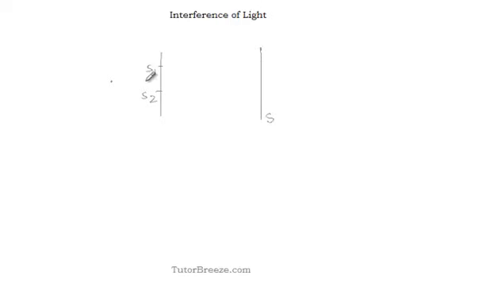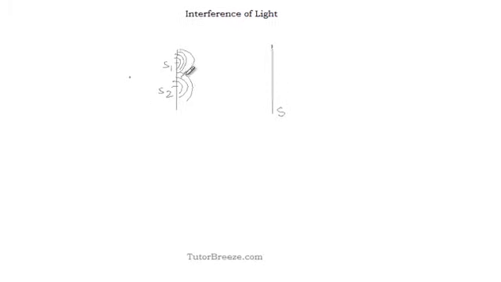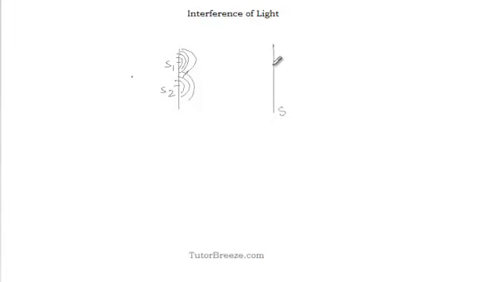Now as waves travel from S1 and S2, they interfere, because we know that you get a diffraction over here, and again waves diffract at the other slit, and then since they are overlapping, they will combine and form an interference pattern on the screen S.